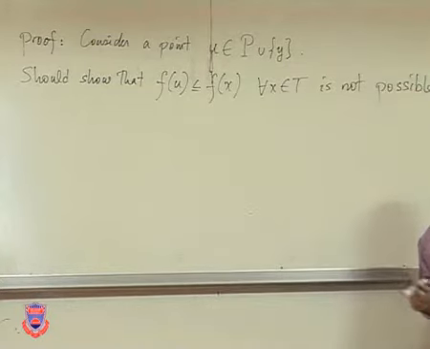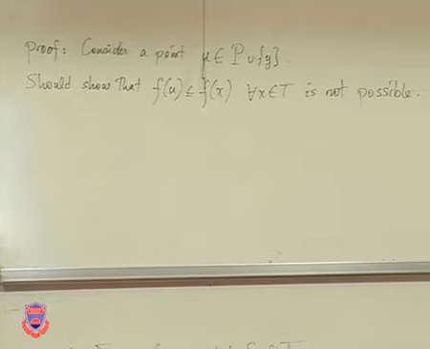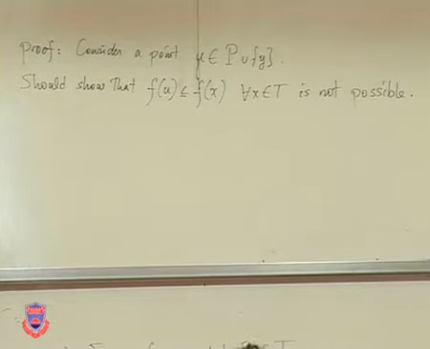This is what we need to show: that f of u cannot be less or equal to f of x for every x in the tree.